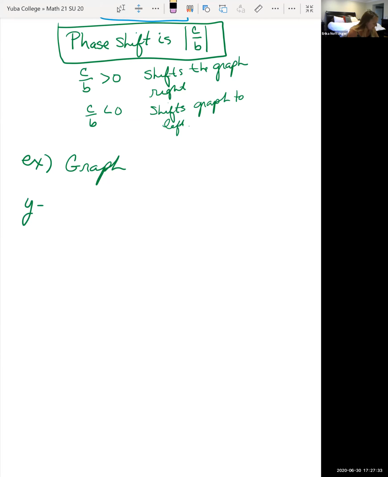What if it was y equals negative 2 cosine of 2x plus pi halves, and let's do minus 4.